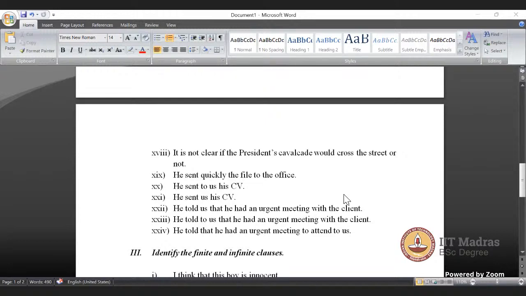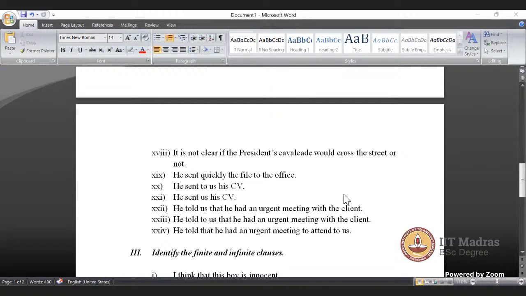Why is this so? This has got more to do with the semantics than the structure. So when you place a clause element in your object position, you basically are making it very weighty. In English, usually the stylistics tells you, if you had been attending the professional writing classes, I think this was repeatedly told, that anything that is more weighty, anything that is longer, anything that requires more emphasis, will have to be shifted towards the end of the sentence, right? So it has its own bearing.